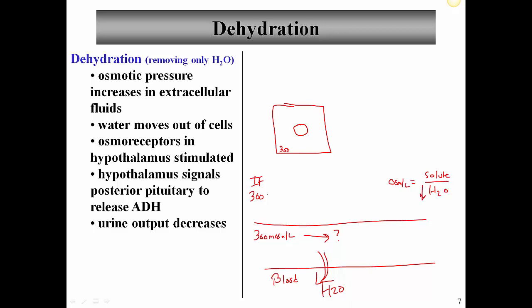If water decreases, because it's inversely related to the osmolarity of body fluids, the osmolarity would increase. So by taking water away, we're going to increase the osmolarity. Let's say it goes up to 300 milliosmoles per liter because we've taken water out.